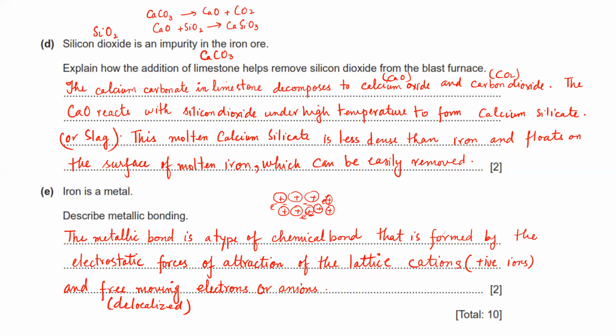Okay, so this is how we can explain metallic bonding. This is a bond primarily between the positive ions and the negative charges, and they are present in the lattice structure of the metal.